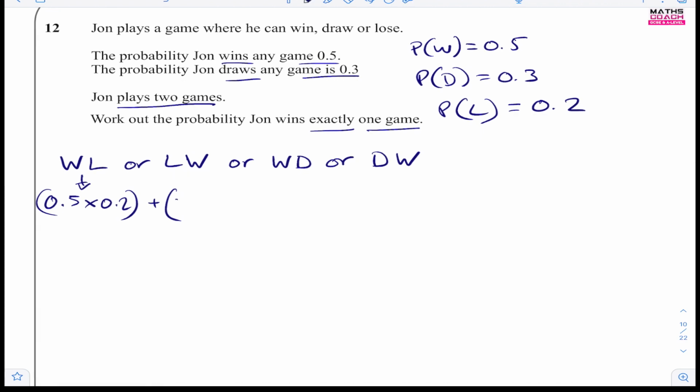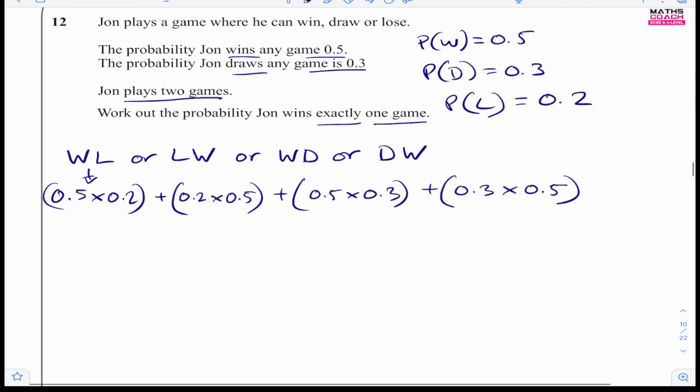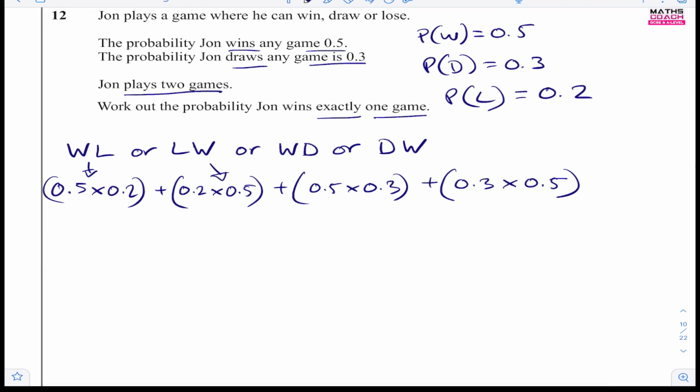So the probability of a loss is 0.2 times the probability of a win. Next, we're going to add again. So win is 0.5 times the draw, which is 0.3. Finally, a draw, which is 0.3 times a win, which is 0.5. So these are all of our probabilities.